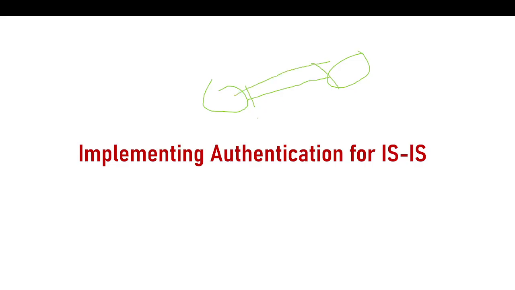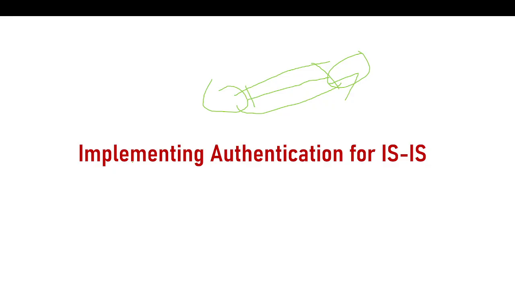He has access to all the information because this information will be forwarded to this device that is not allowed to access the network. So it's always good practice to implement authentication for your ISIS protocol, which helps to improve network security.